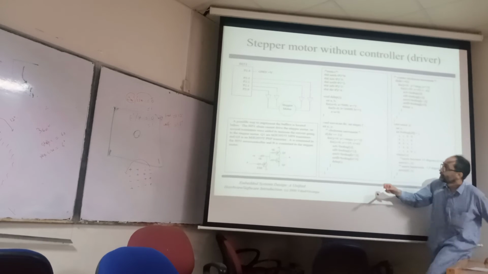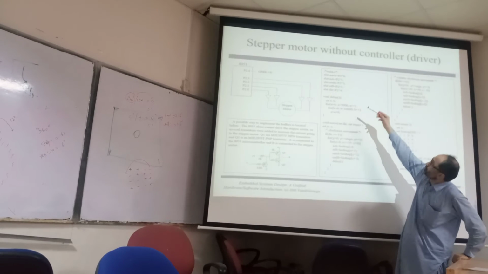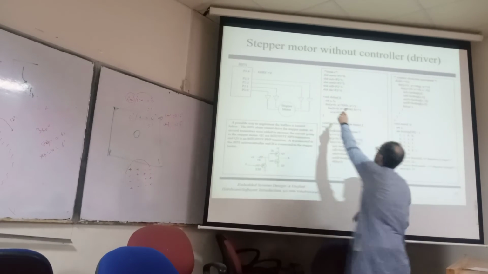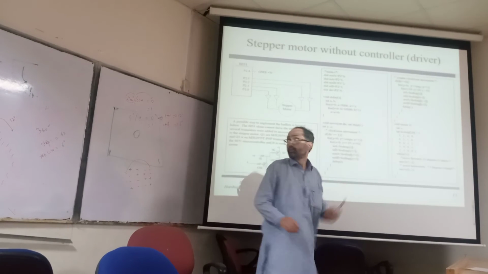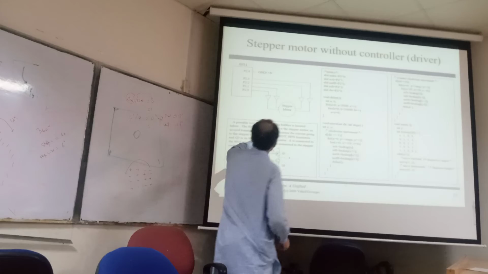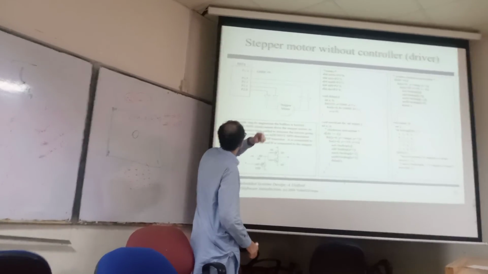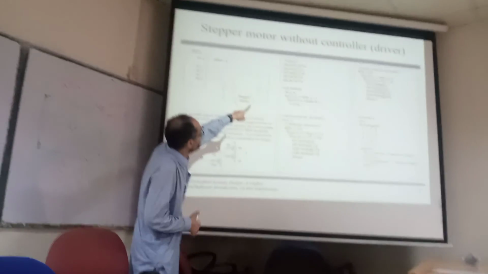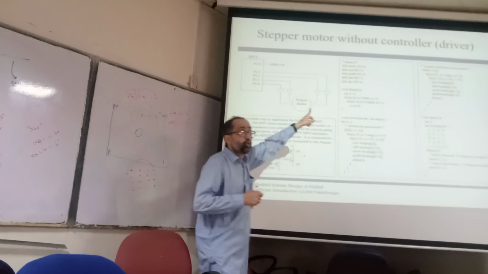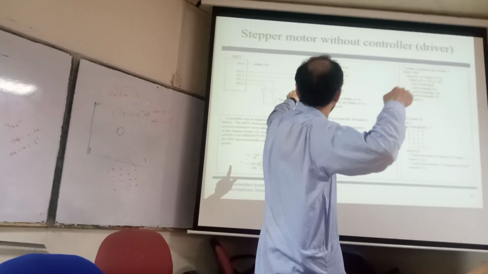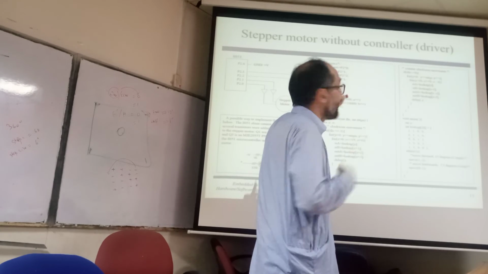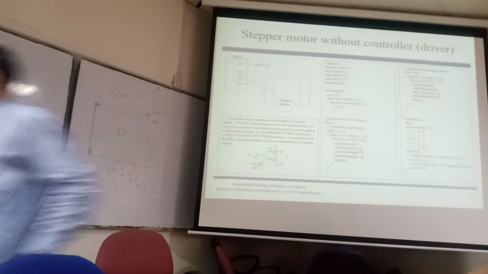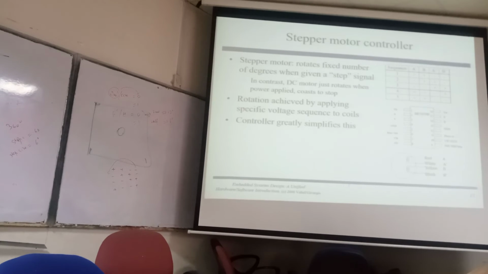And now if you look at the bits, the direction bit is P2.4. It means that the motor is connected with P2.4. What is bit 2.4? P2.4 is connected with which pin?